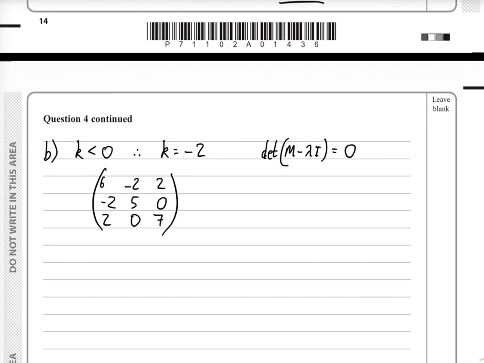Manipulate this, 6 minus lambda, 5 minus lambda, and 7 minus lambda, and it's the determinant.